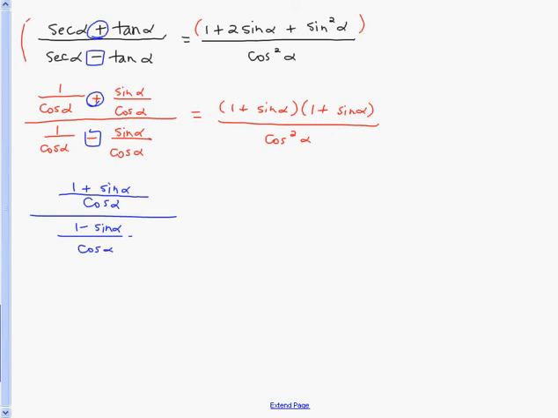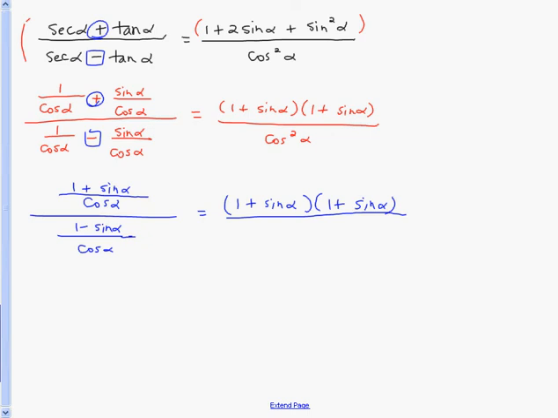All of those over cosines. I said theta, I mean alpha. And you know what? Cosine squared of theta, we'll have a cosine squared of theta, so we'll go with that. We'll see how that pans out.